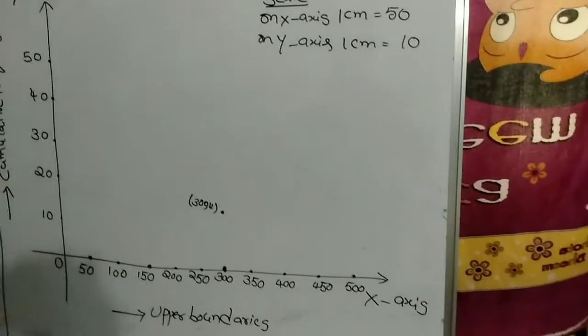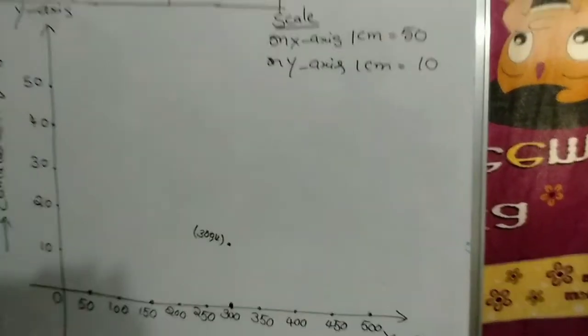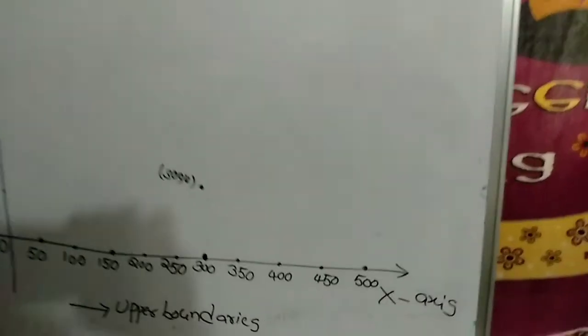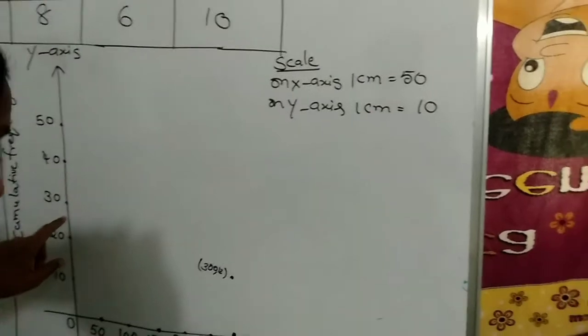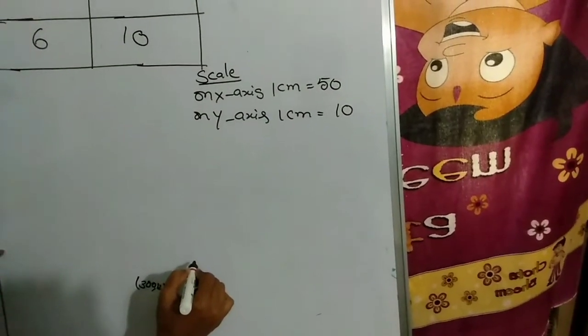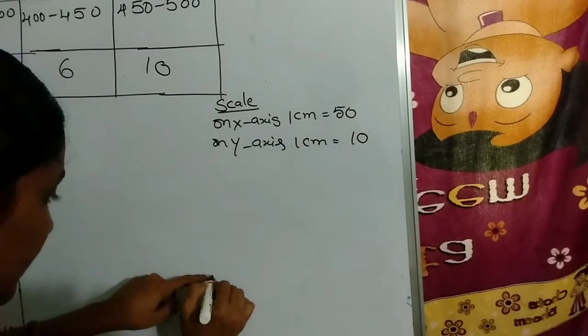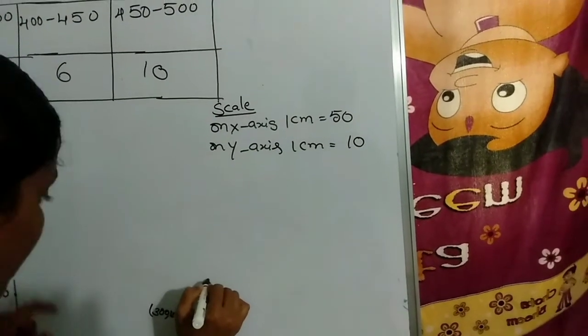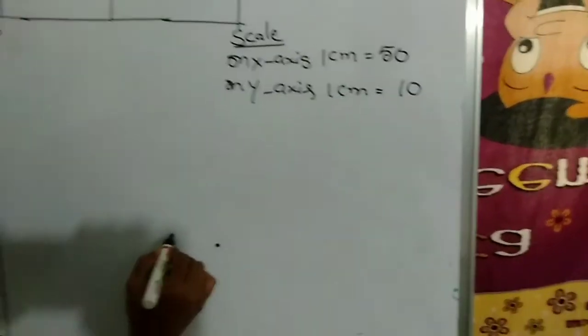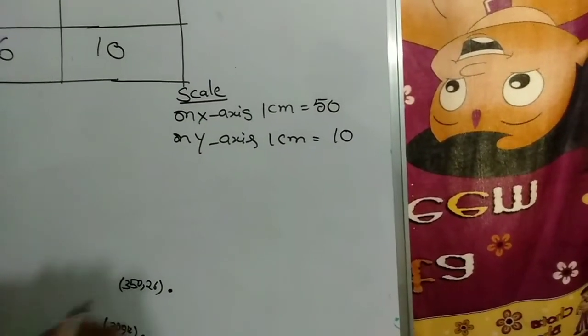Next ordered pair, 350 on the x coordinate, 26 on the y coordinate. So 350 is here and 26 is here. So this is the point 350 to 26.